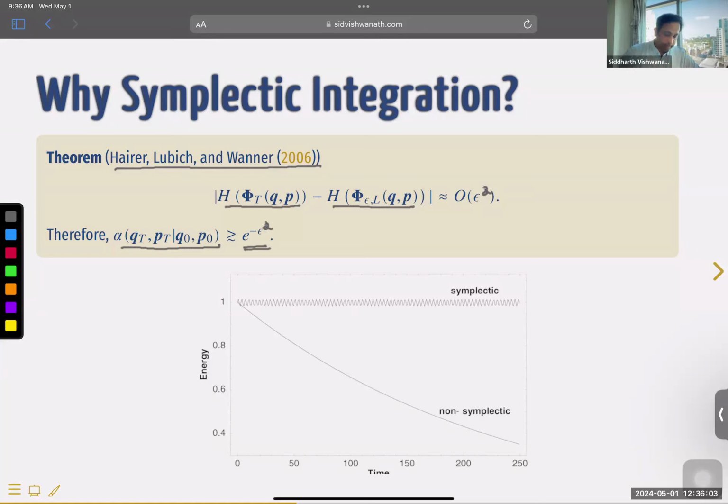So this is what it guarantees. As I decrease epsilon, I'm making my numerical integration more precise, and because I make it more precise, my acceptance probability is going to be closer to 1. And if I make epsilon larger, then I will have numerical integration errors. But the fact that this is a symplectic integrator tells you that it's strongly controlled by how small your accept reject probability is.